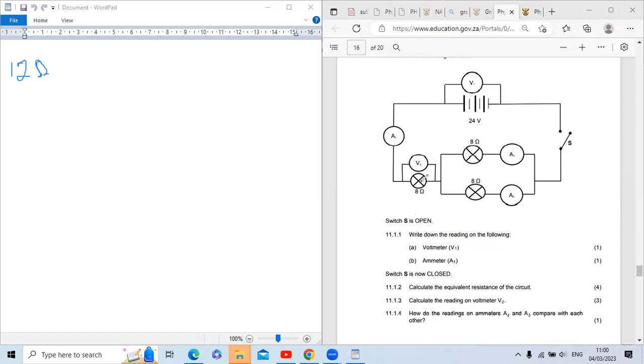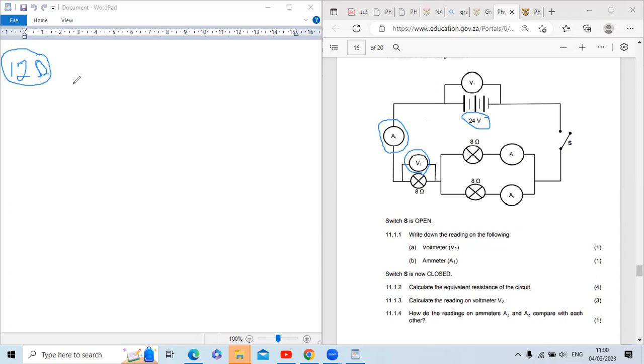So what we can first do is apply Ohm's law and find the reading on ammeter 1. And if we find the reading of the current traveling through the entire circuit, we can find the reading on this voltmeter by multiplying it with that. So we have our equivalent resistance, and we also have our overall voltage traveling through the circuit.